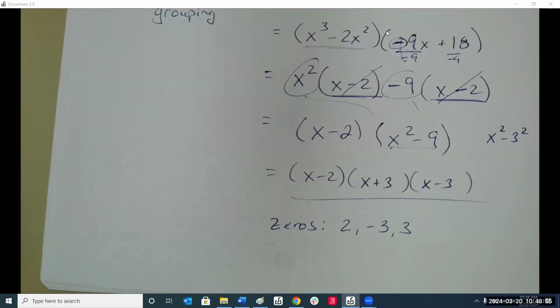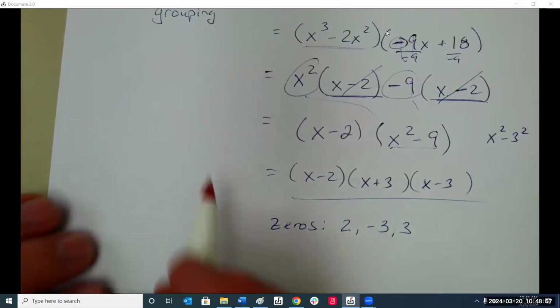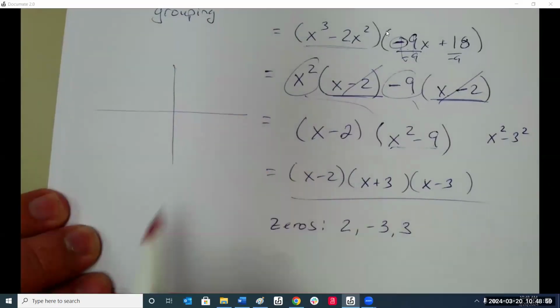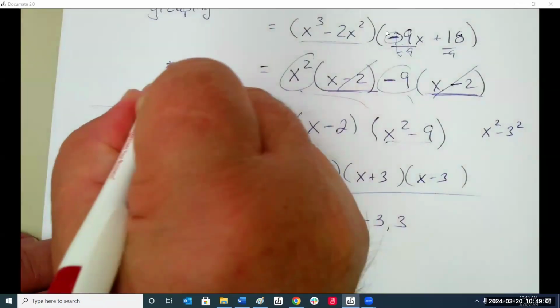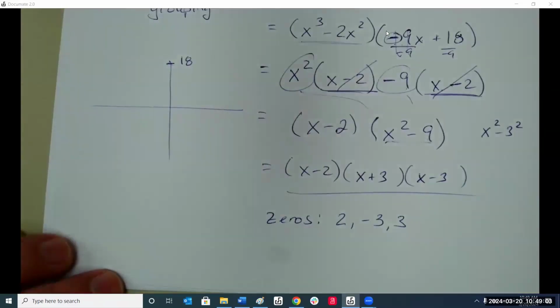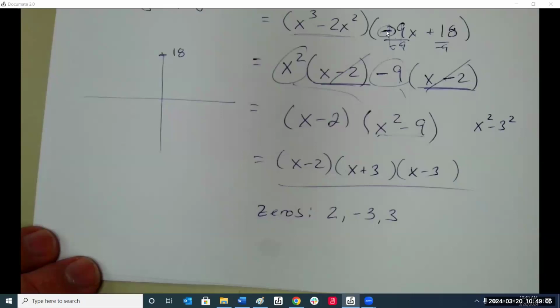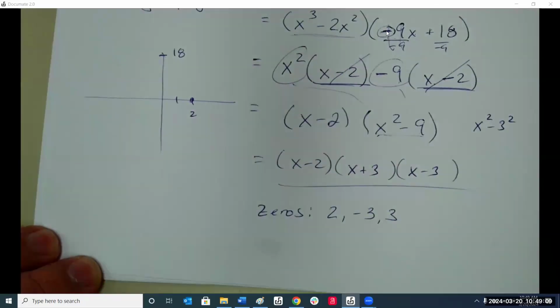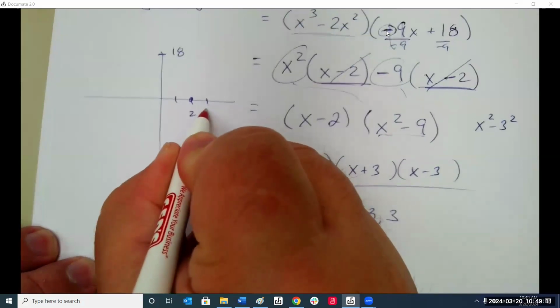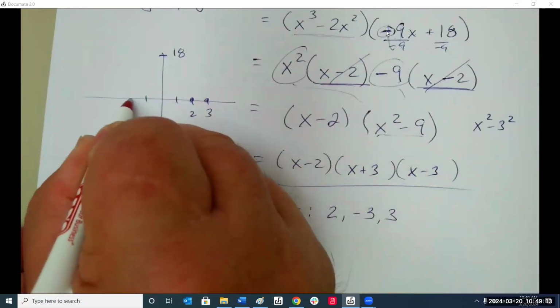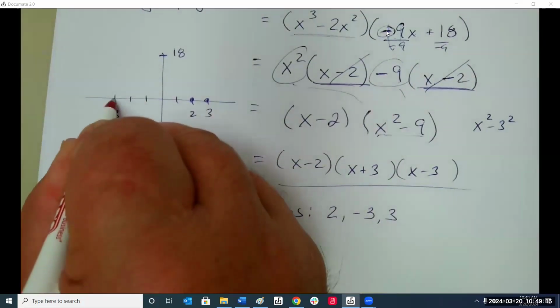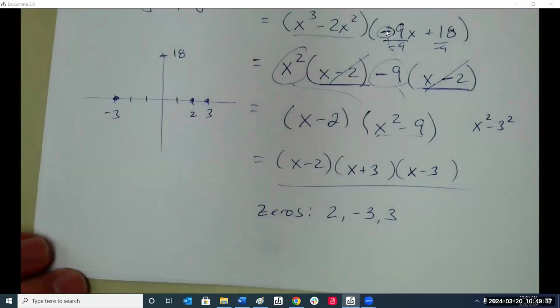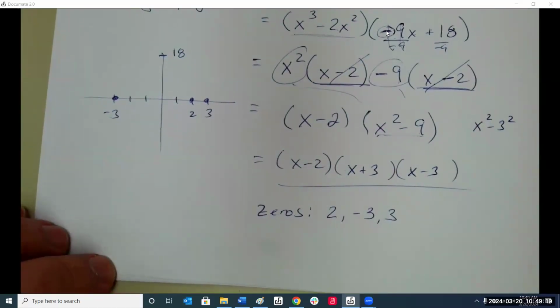And we can even graph it if you wanted to. The y-intercept is positive 18. It's the constant. We have our zeros at 2, 3, and -3. The end behavior says what?